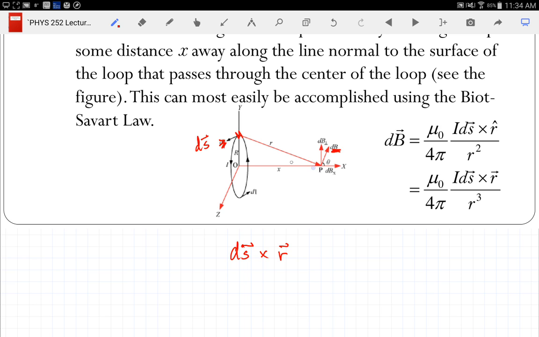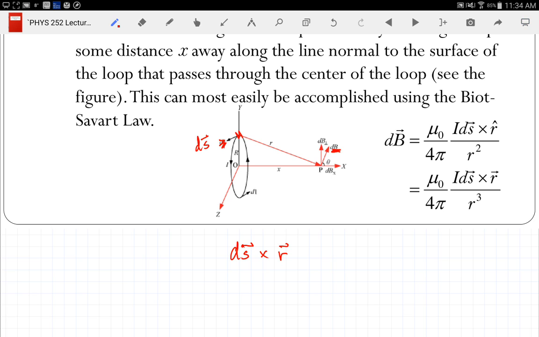What's the angle between ds and r vector? Between this ds vector and the r vector. The r vector is going from ds to my point P. What is that angle? 90. They're perpendicular.